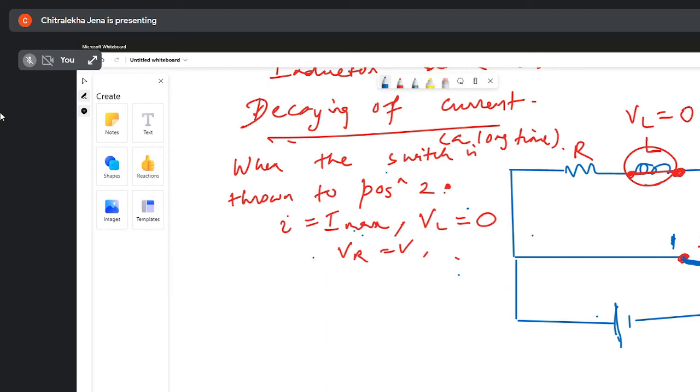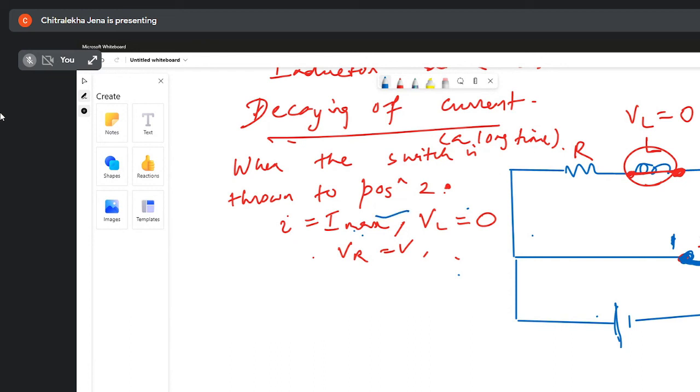Initially, what is the current? Think and answer. The instant I am closing the switch to position 1, what is the current in the circuit? I max. Very good. Why? Because a long time the switch has been closed to position number 2, the current was maximum.